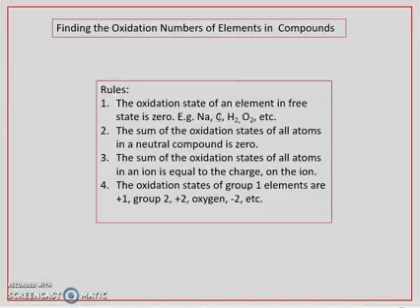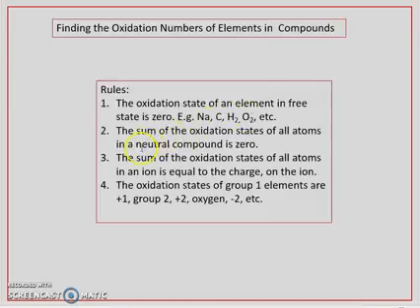Neutral carbon has no charge, so the oxidation number is 0. Hydrogen in free state exists as a diatomic molecule, H2. So in free state, it has no charge, so it is 0. Oxygen has no charge, so it is 0 in free state.